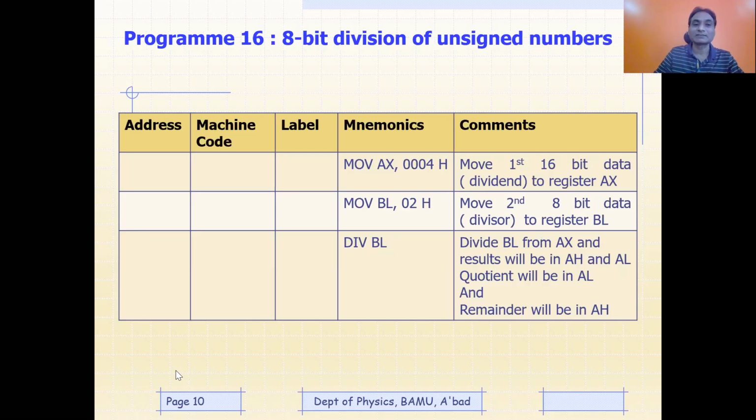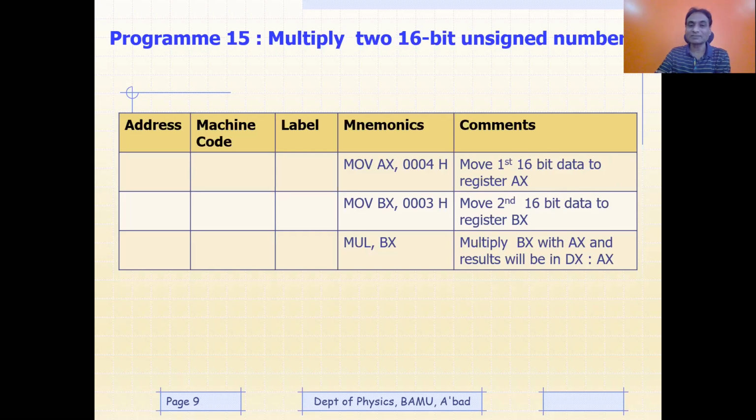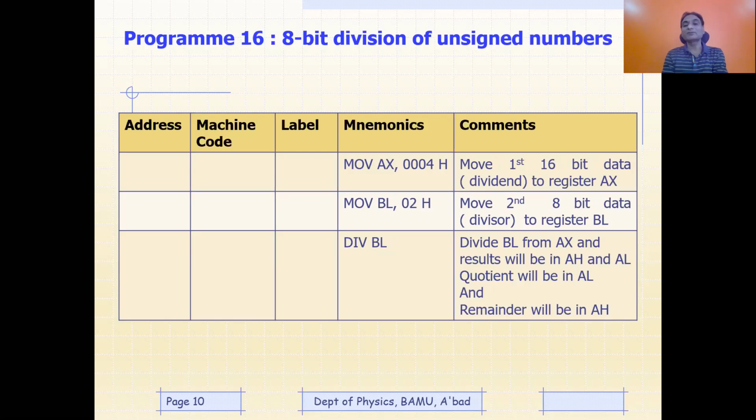Now let us go to the next program, 16. Now this is 8-bit division of unsigned numbers. So this was like multiplication, and now this is division, right? As far as division is concerned, if you remember, there are two different instructions. One is 8-bit division, the other is 16-bit division.